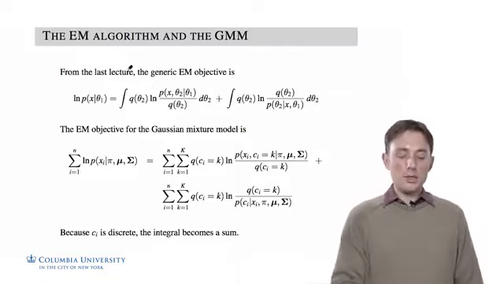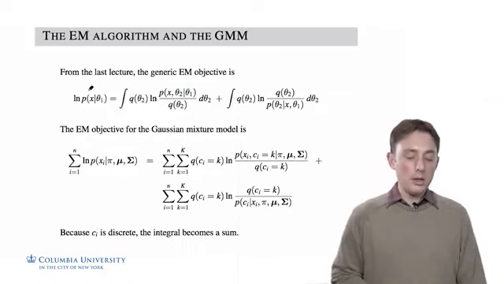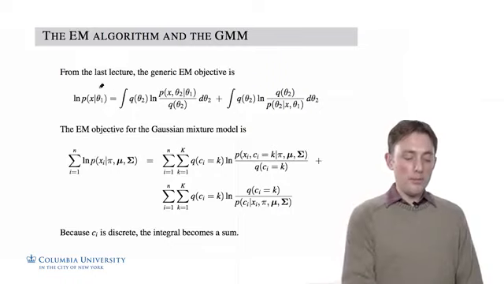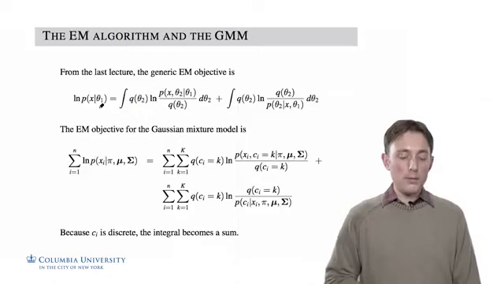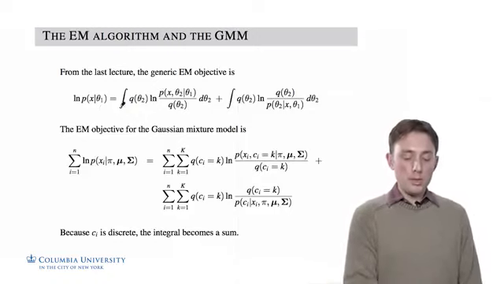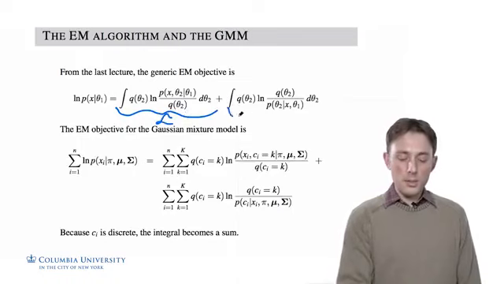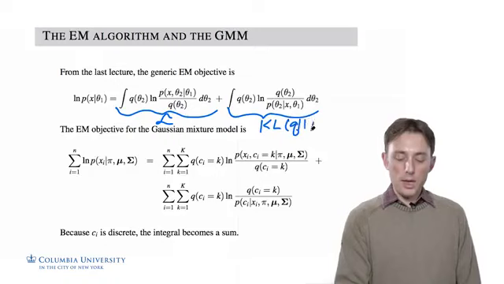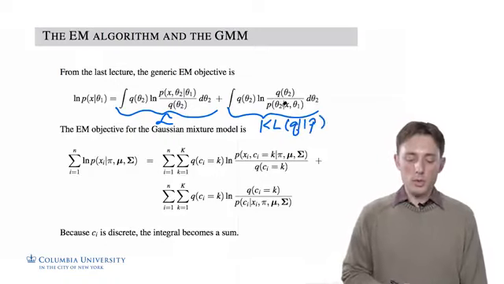Last lecture we saw that the generic EM objective looks like this. We want to do maximum likelihood over a model with parameter theta 1. So we want to maximize the log of the probability of data x given parameter theta 1, but that's difficult. And so we wrote this equality where we had this term here, which we called L. And this term here was the Kullback-Leibler divergence between Q and the conditional posterior distribution.